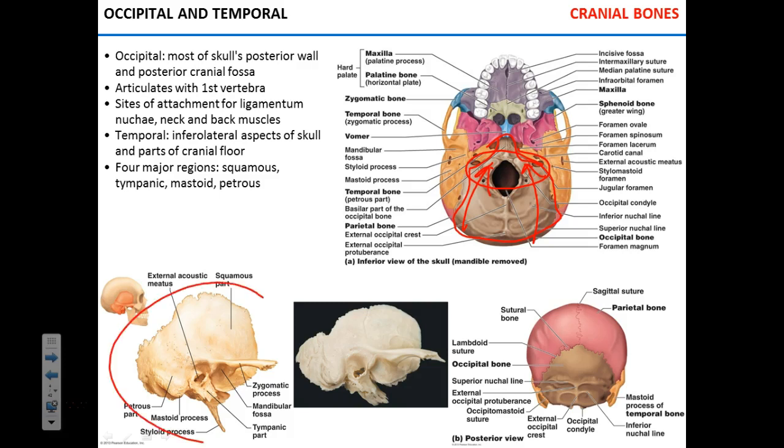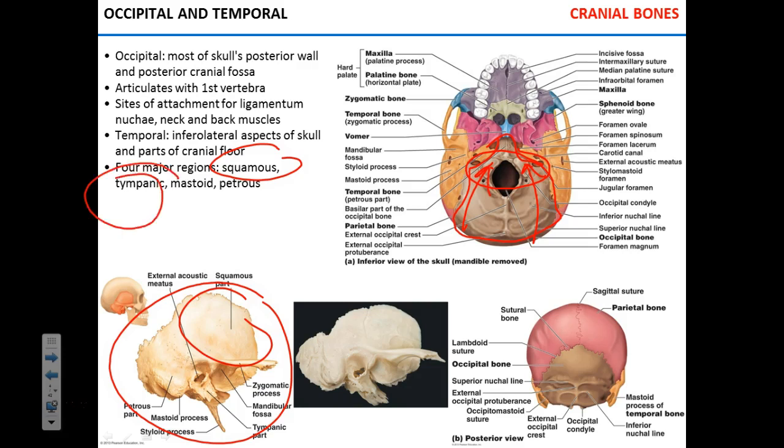Temporal bones that have this lovely fine shape can be found on the lateral aspects of the skull, like inferior lateral aspects of the skull. And they have several regions. The flat region is the squamous one. So that's the squamous region of the temporal bone.